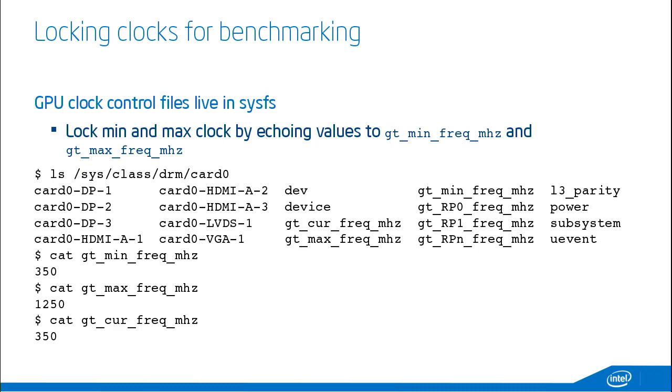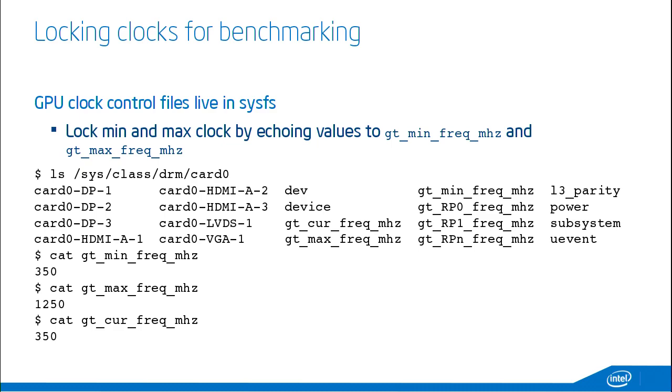So one thing that we frequently do, if you want to do a bunch of before and after checks, is lock the GPU at a particular clock speed so that you're going to get consistent clocks. So in /sys/class/drm/card0, there's a number of files in there that control the frequency of the GPU. So gt_min_freq_mhz and gt_max_freq_mhz bracket the range of possible frequencies, and then cur_freq is whatever the frequency is right now.